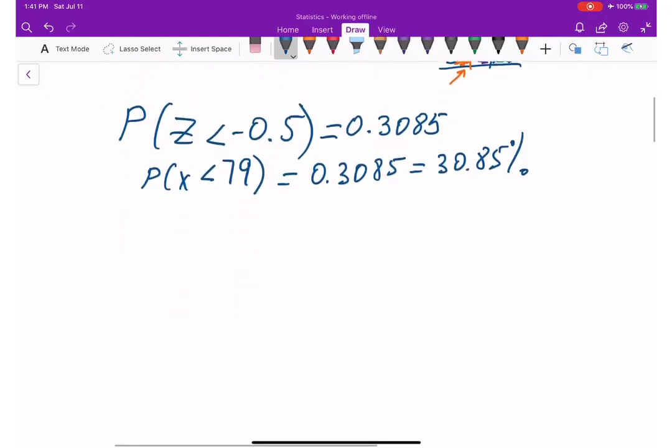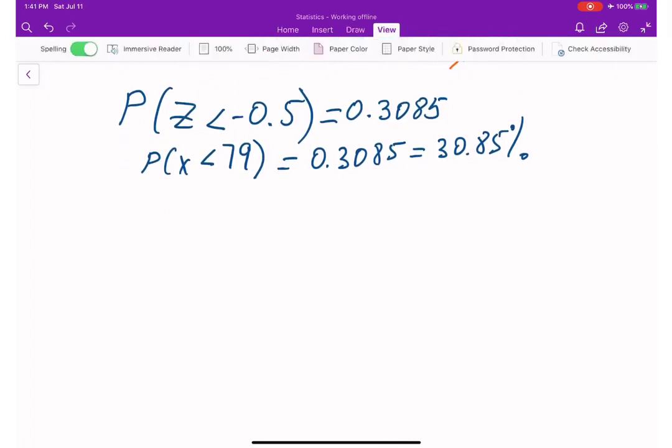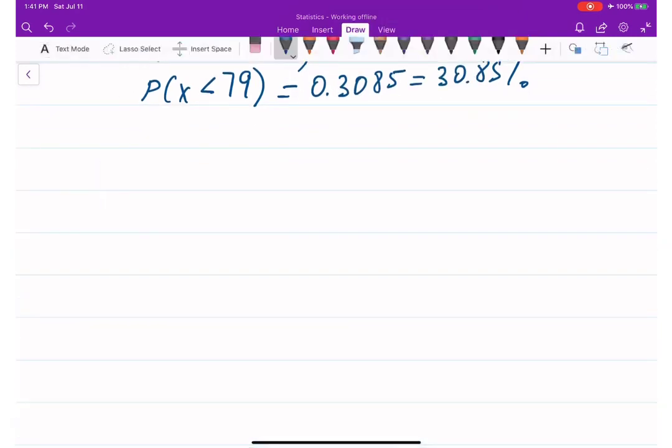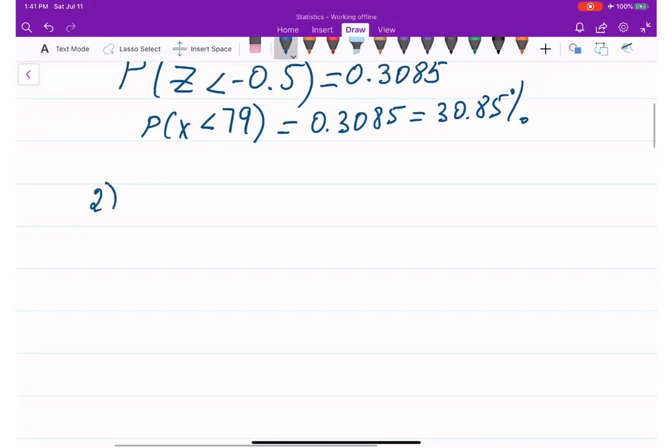Moving to the next one. Another one, assume that random variable X is normally distributed with a mean of 50, I'm sorry, mean is 50 and standard deviation sigma is 7.